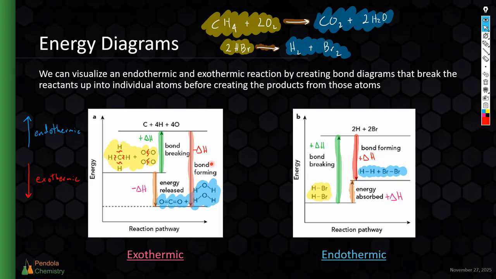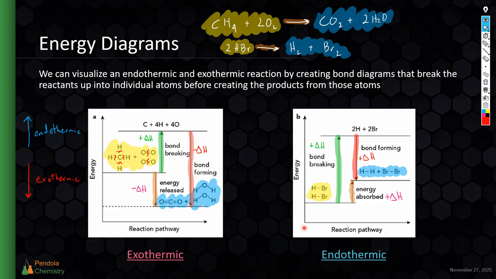So that's the main difference when it comes to bond formation and bond breaking of an exothermic versus an endothermic reaction. In an exothermic reaction and an endothermic reaction, bond breaking is always endothermic, bond forming is always exothermic. So the difference between the two is simply which was bigger. In an exothermic reaction, bond breaking absorbs less energy than the bond formation releases.